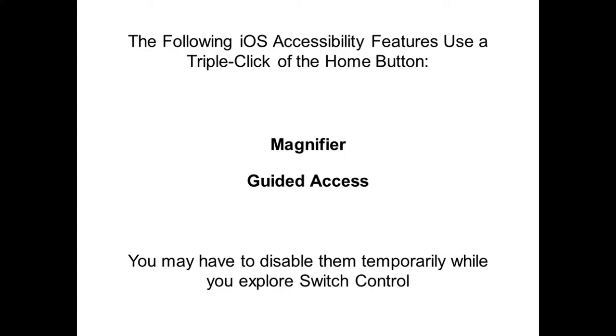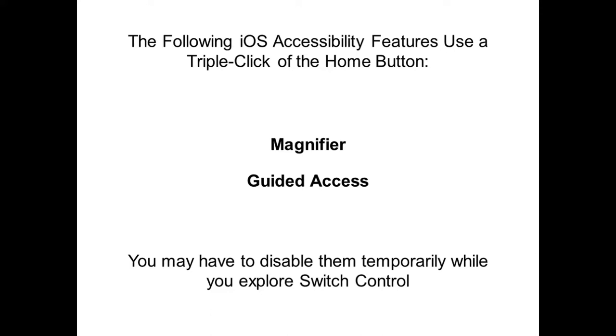Now, one last thing with the accessibility shortcut, there are a couple of features that use the accessibility shortcut by default, meaning that this is the way that you activate those features. The two are magnifier and guided access. So with magnifier, the way you launch magnifier is you triple click the home button and then you can exit it just like any app.